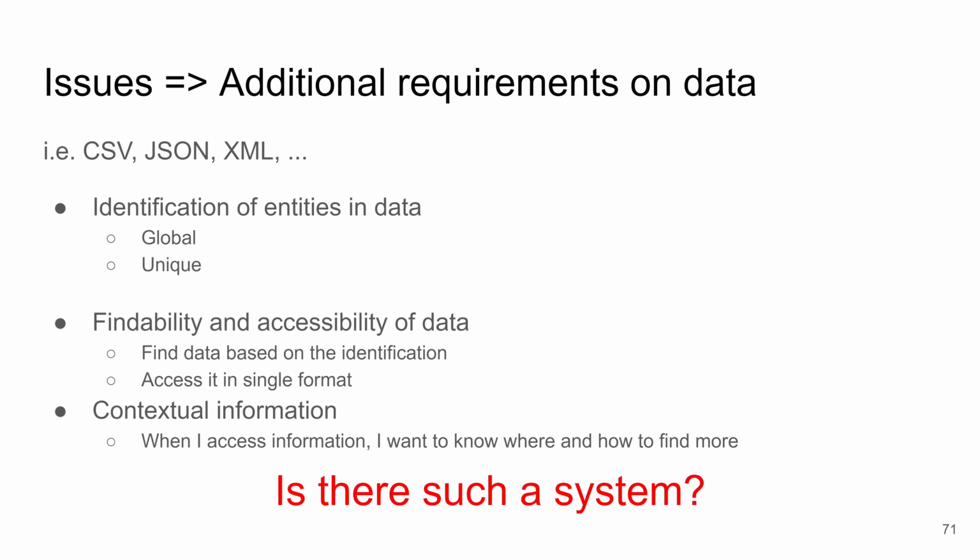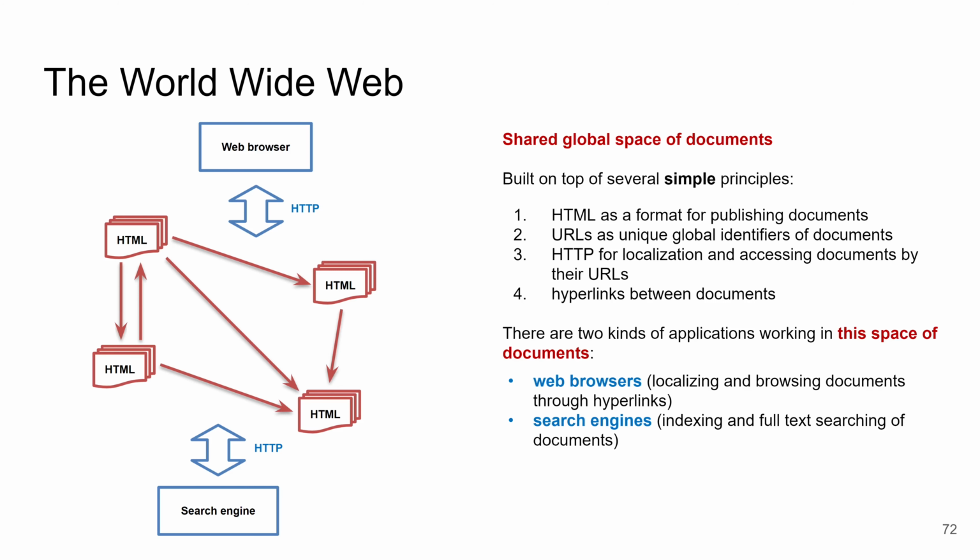And the question is, is there such a system that would allow us to do that, that would solve those problems? Well, the answer here is there is, but not for data. There is for documents, and it's the World Wide Web that we all use every day nowadays. And it is built on top of a few simple principles.